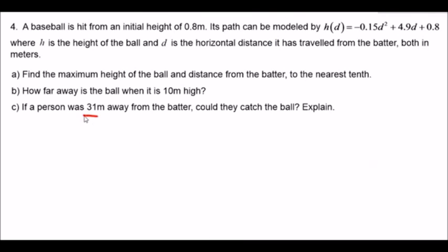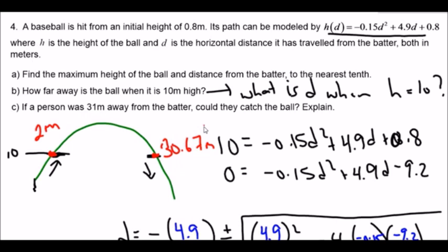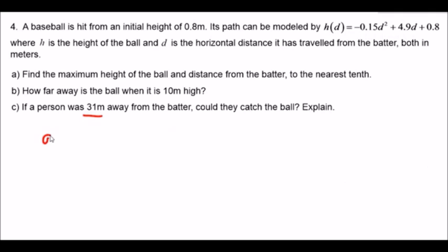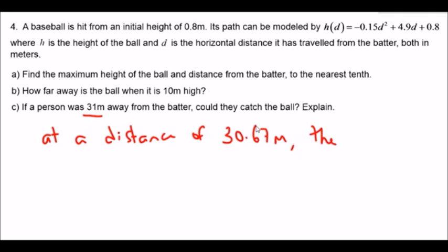If a person was 31 meters away from the batter, could they catch the ball? Well, let's think about that. We know that at a distance of 30.67 meters, the ball is 10 meters above the ground.